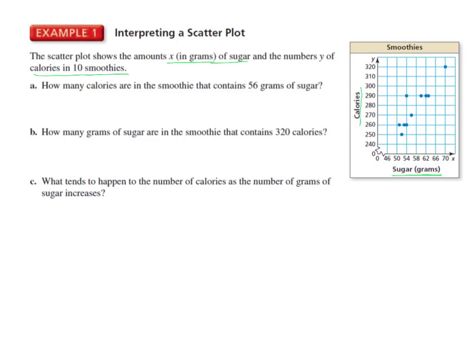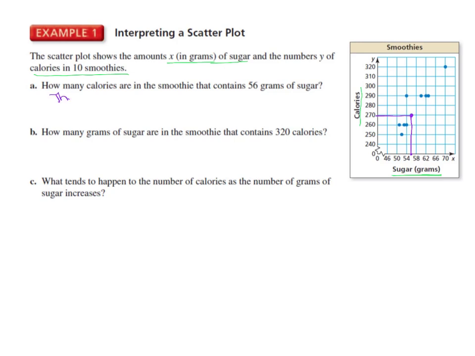Our question is, how many calories are in a smoothie that contains 56 grams of sugar? So I find where 56 grams of sugar would be. It would be halfway between 54 and 58. And I follow that line up until I get to here. There's a point there. And then I follow that over, and I found 270.